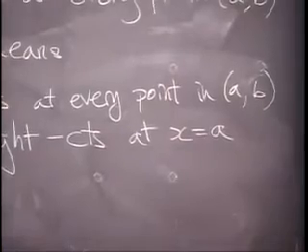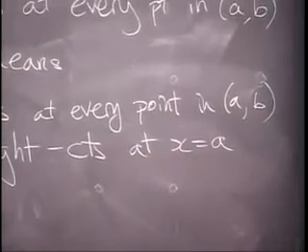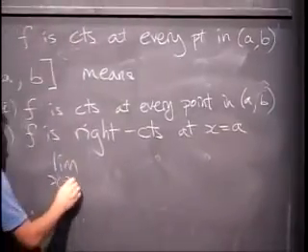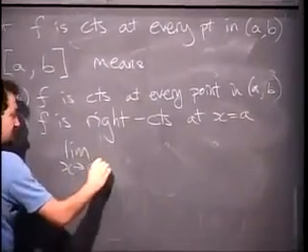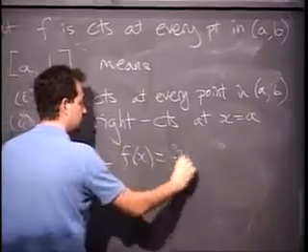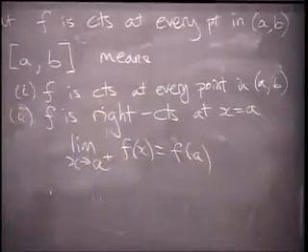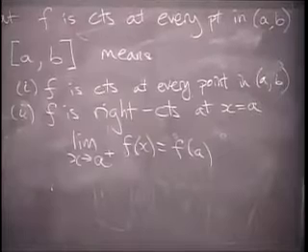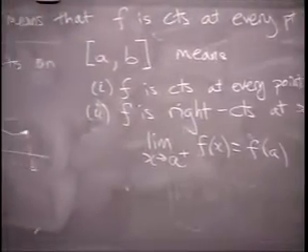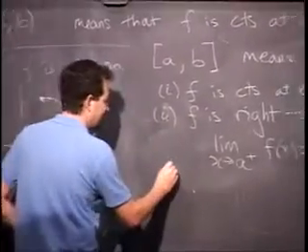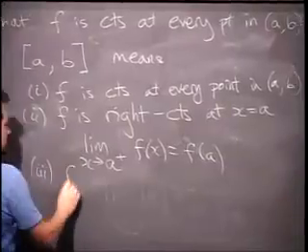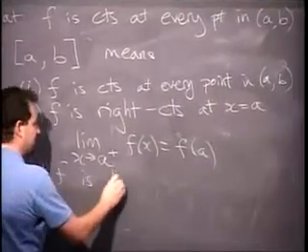So right continuous, as I said, it just means that instead of this limit being two-sided, I only need a right-handed limit. Okay, so it's unfair, as I said, to make it a two-sided limit because the function doesn't even exist there. So I'll just make it a one-sided limit. And similarly, at b, I need f to be left continuous.